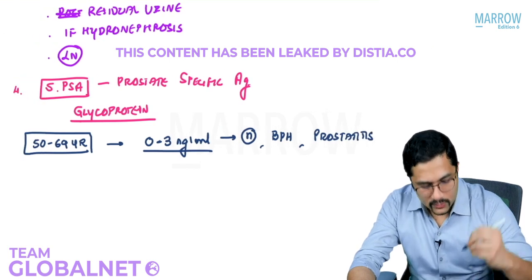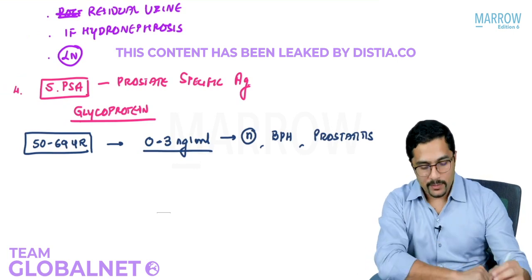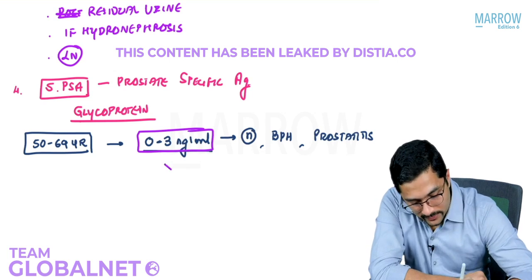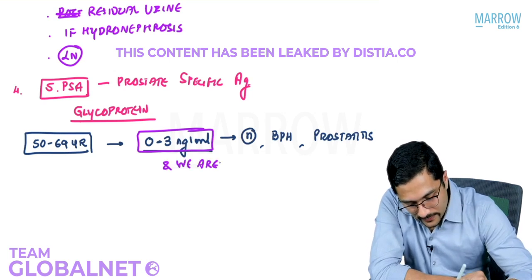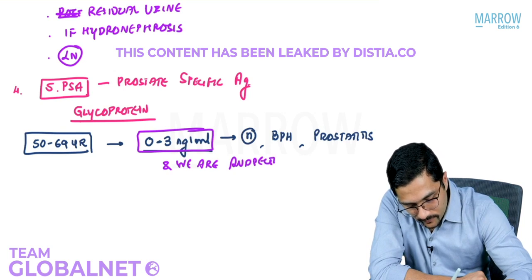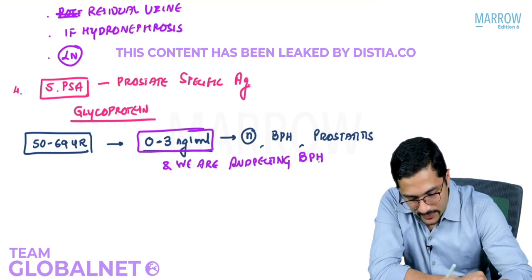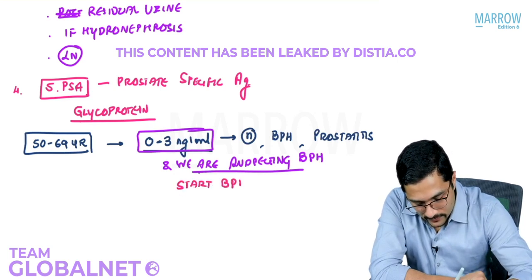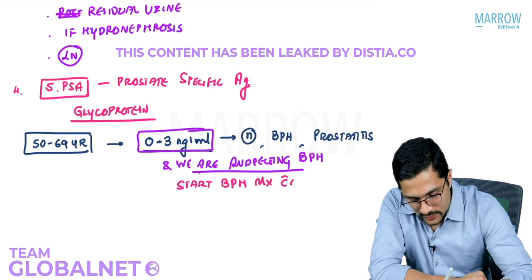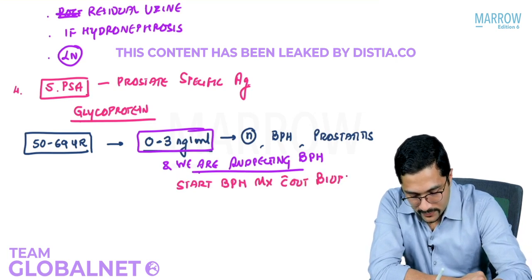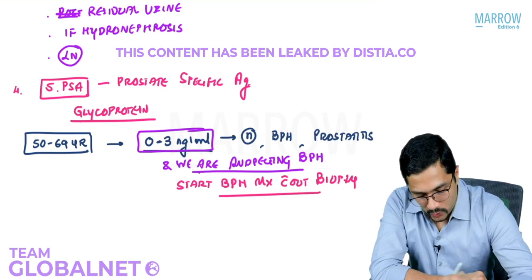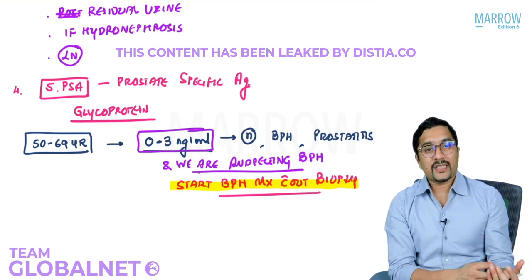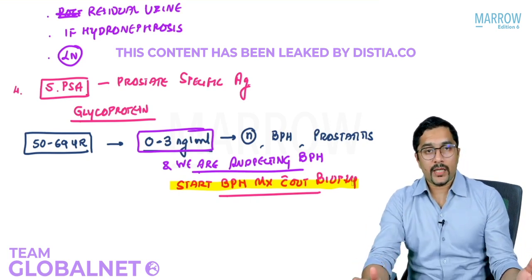So if the value is between 0 to 3 nanograms per milliliter, and we are suspecting BPH, then we can start BPH treatment. Then we can start BPH management without doing a biopsy. So between 0 to 3 nanograms per milliliter, no biopsy is required. If you're suspecting BPH, you start with the BPH management.